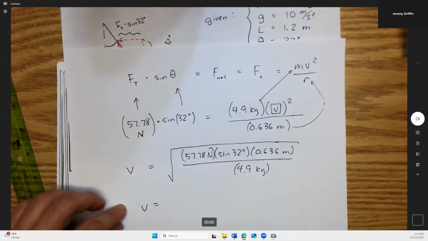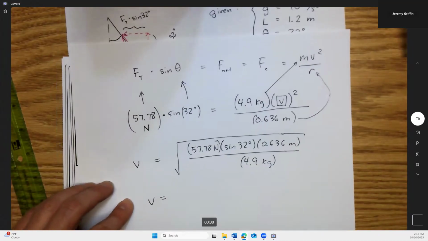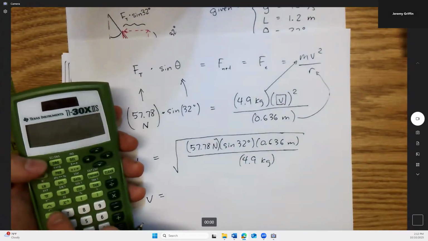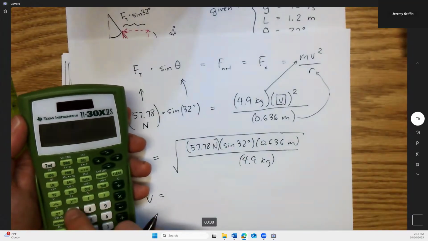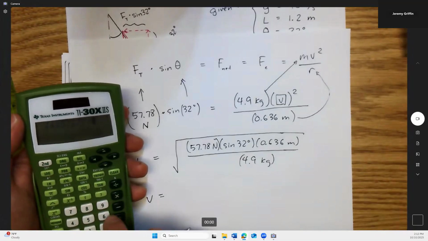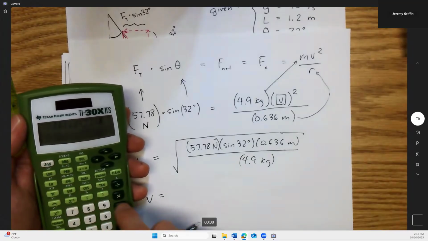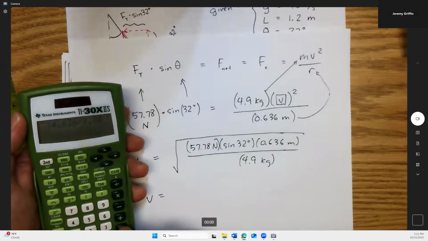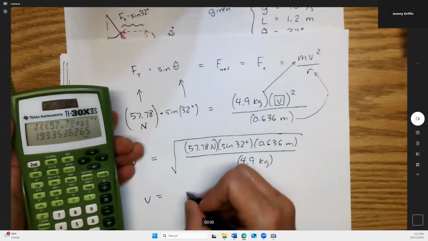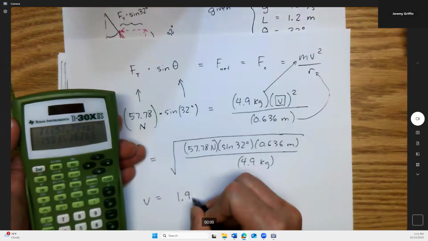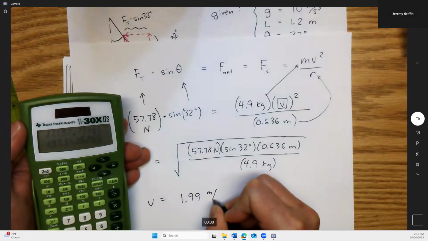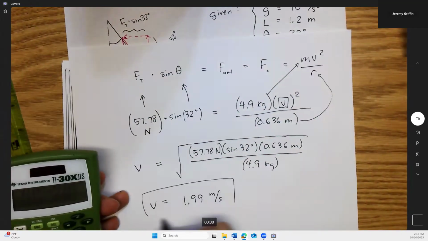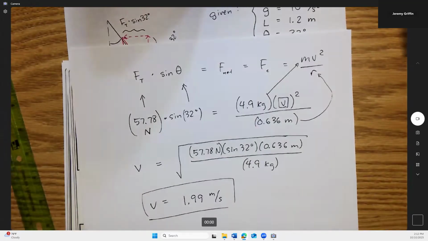So V equals, let's try this out then. All right, see if I can do it all in one go. 57.78 sine 32 times 0.636 over 4.9. Yeah, that looks about right. 1.99 meters per second. Yeah, I can believe that. That's it.